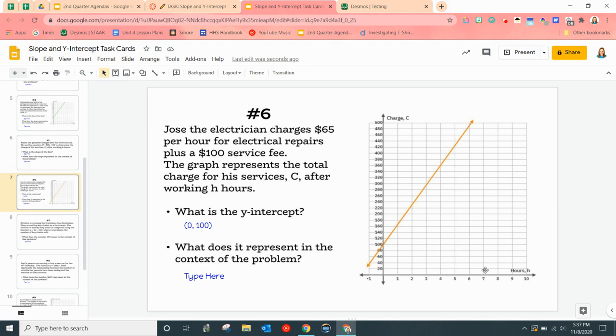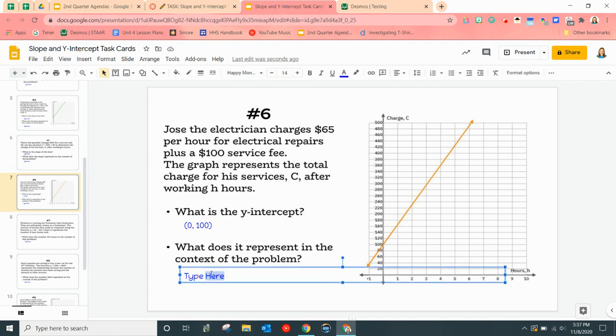So this is saying, remember, it's 0, 100. The x-axis is our hours. So at 0 hours, our charge, that's our y-axis, is already at $100. So when Jose has worked 0 hours, he's charging us $100. So yes, that's what it represents. It's the service fee.